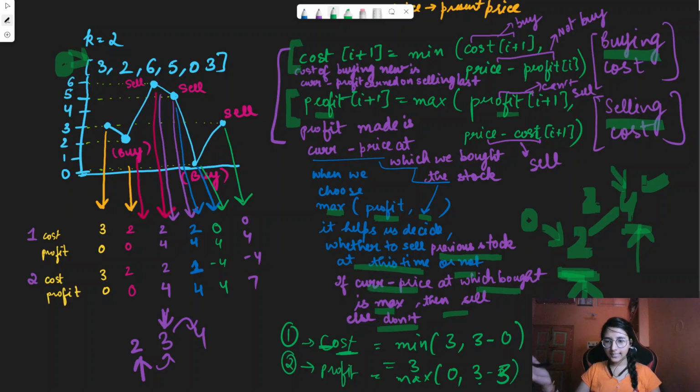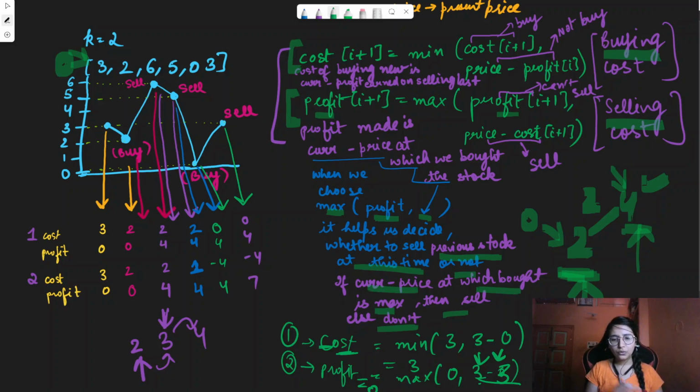So that was 3 itself, right? So that's why we got this and this, and that's why we got profit also as 0. So by using this equation, we will be moving ahead and get all these numbers, and like this only we will be able to figure out our coding part.